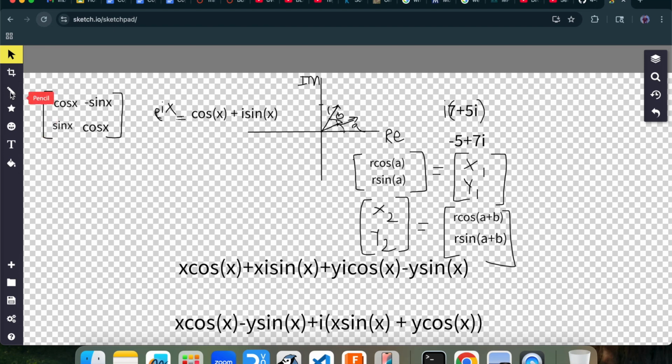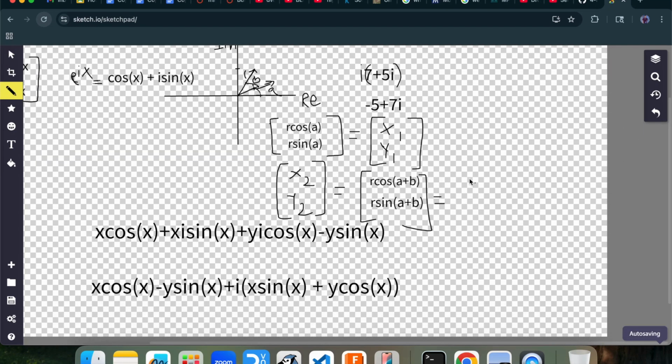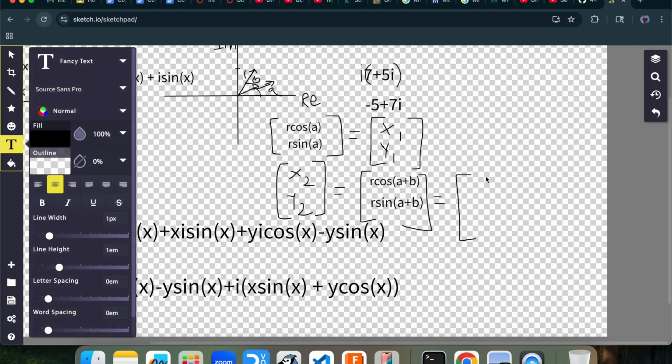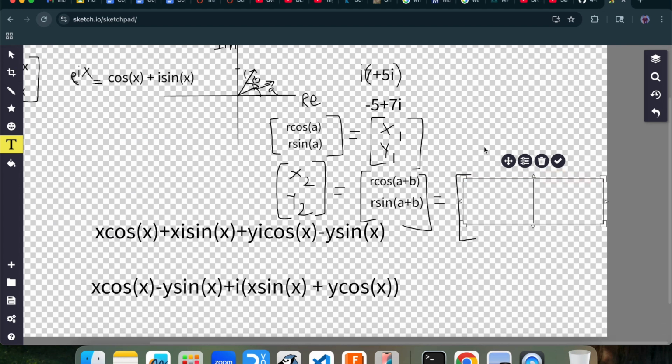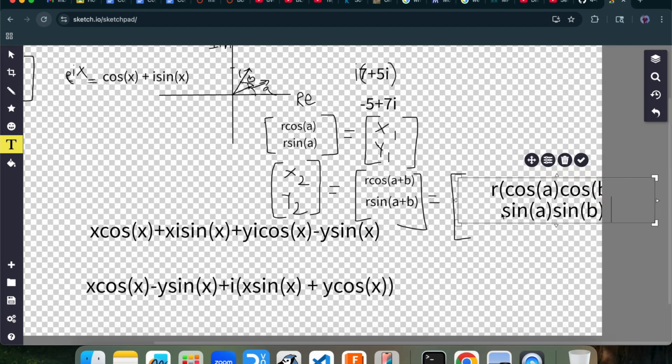So what you can actually do now is this is going to be equal to R times the cosine of A plus B, which, using the basic trig identities, you get R times cosine A plus B, which would equal something, and that would be the x.